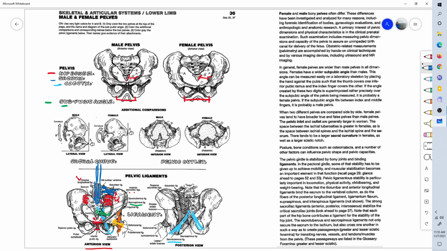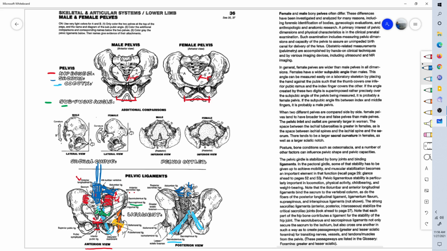Lumbar are these vertebrae right here in the low back. And they're very important for stabilizing and connecting the lumbar spine to the pelvis. Here are the iliolumbar ligaments again from the back, the posterior view. This is L5, your fifth lumbar vertebra. This is L4, your fourth lumbar.